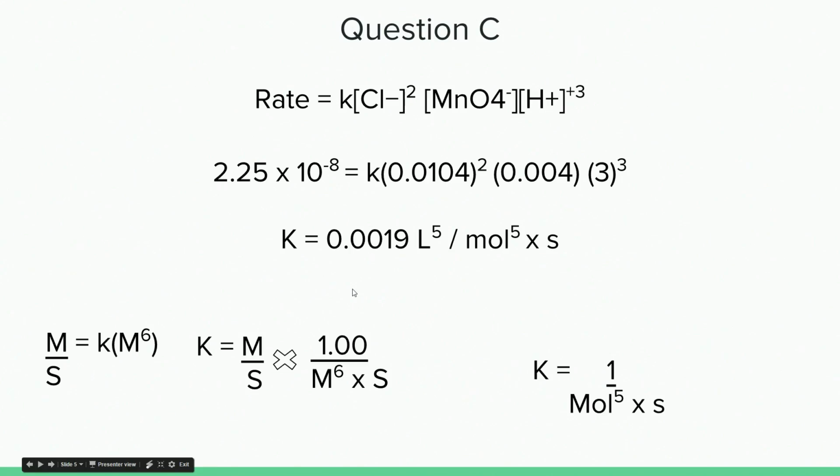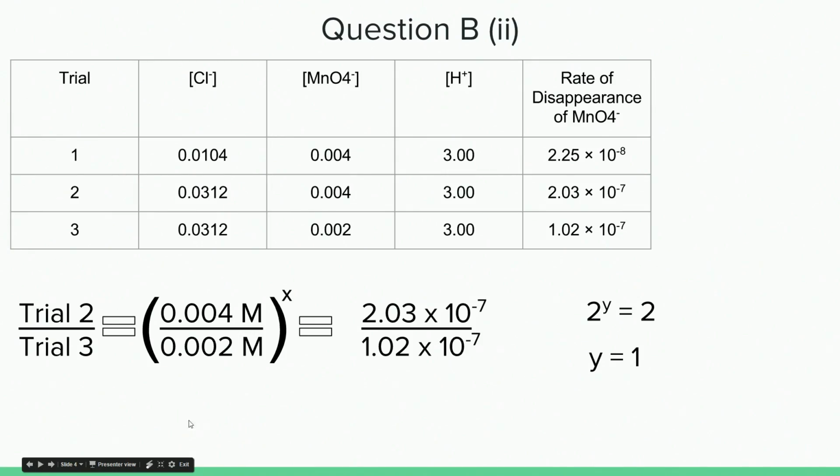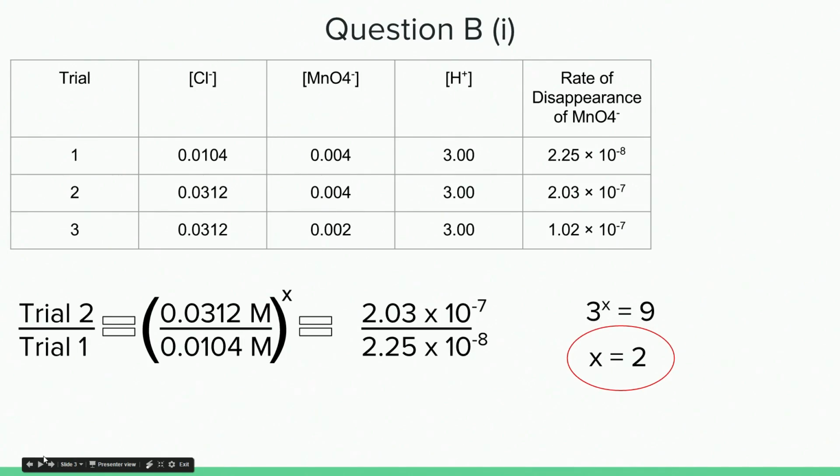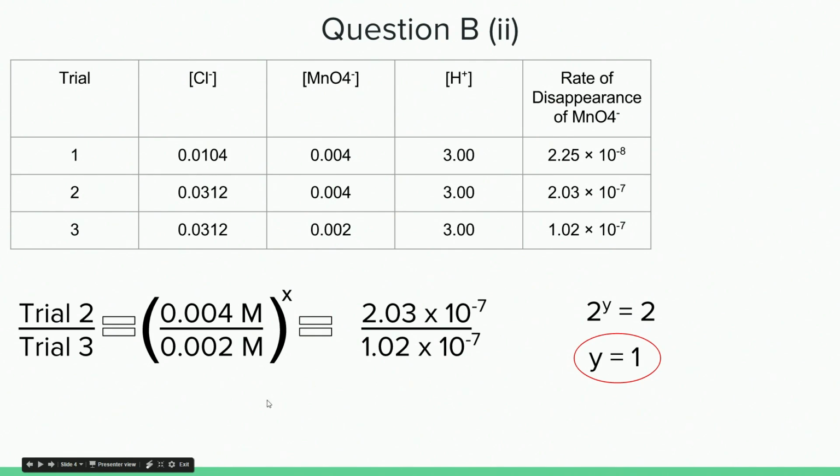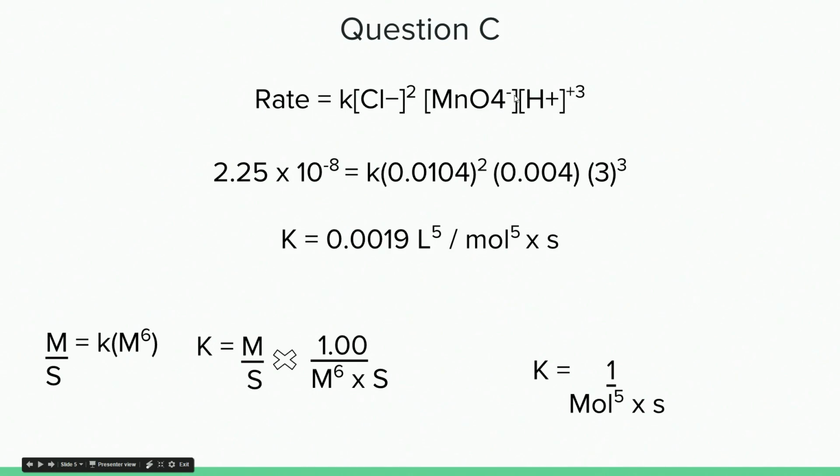Question C asks us to write the rate law for the reaction. Using the values we got in the previous questions, for the Cl minus our exponent was 2, so we put Cl minus squared. For MnO4, we calculated that the exponent is 1.